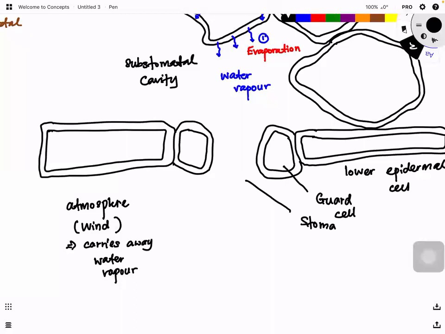So because the substomatal cavity is now saturated with water vapor, the water potential inside the substomatal cavity is high and the water potential at the atmosphere is low. When the guard cell opens the stomata, now this water vapor moves out. Okay, so we do have the second process here termed as diffusion.